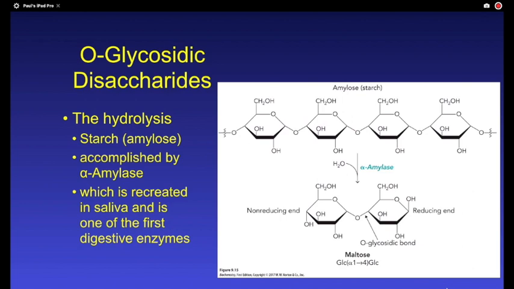And it goes from a relatively bland starch, unless you have salt on it, into something that is sweet. And you can actually detect it with your own body, the actual progression of that reaction. All right, and it's one of the first digestive enzymes.